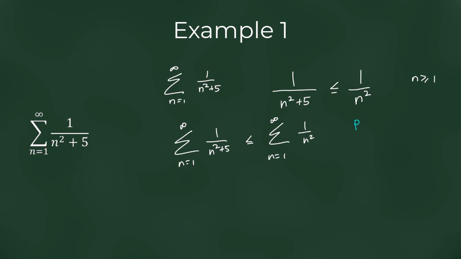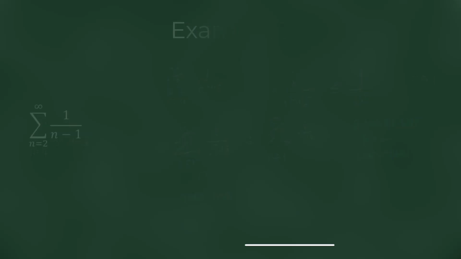We can apply the p-series test for convergence to the series 1 over n squared, and we can see with a p-value of 2 that series converges. That then means that our series 1 over n squared plus 5 also converges because it is smaller than a convergent series.